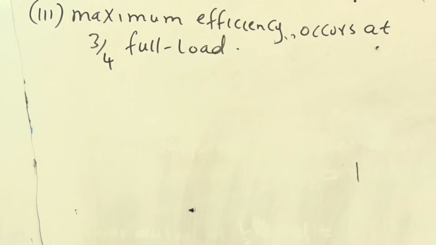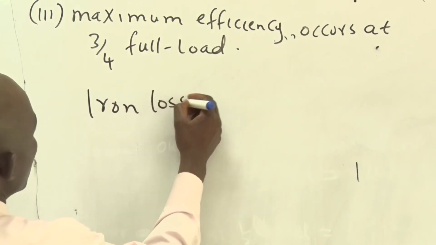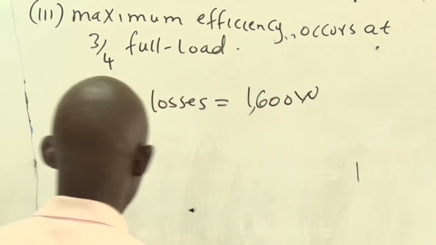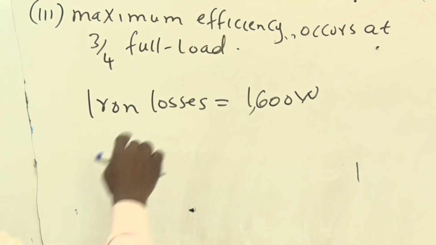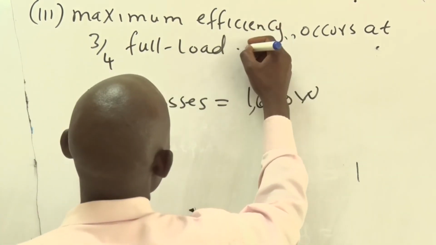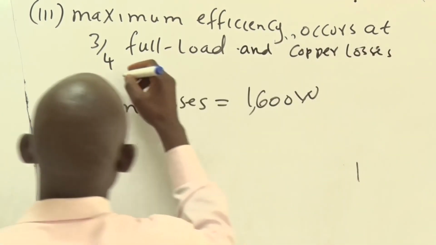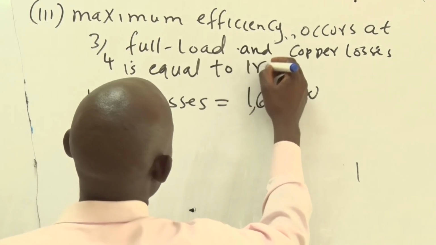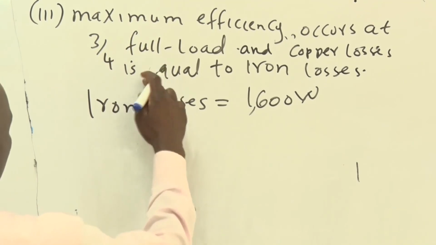The first thing we know is the iron losses. Iron losses are given by 1600 watts. But we have mentioned that at maximum efficiency, which occurs at 3/4 full load, the copper losses are equal to iron losses. That is a statement which we can add there so that it's clear.